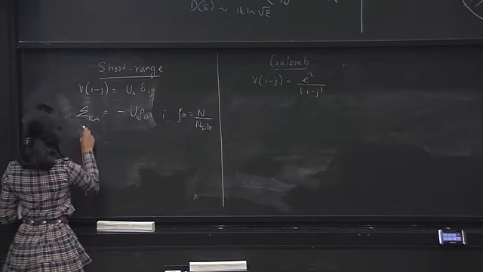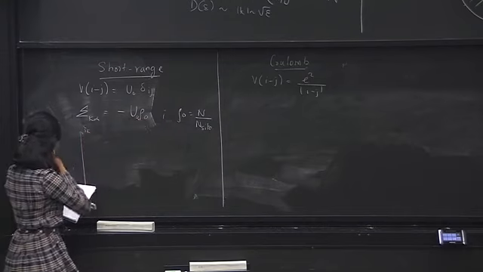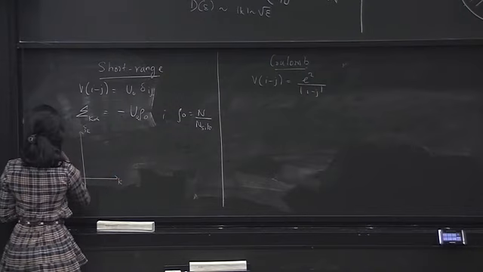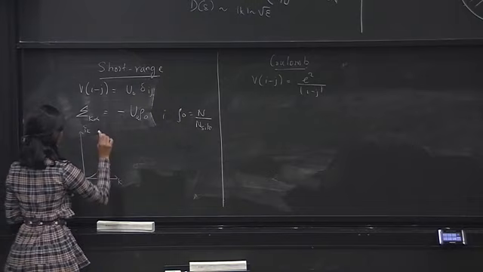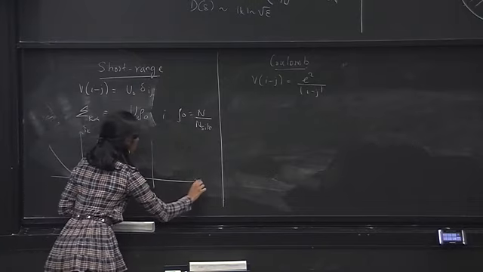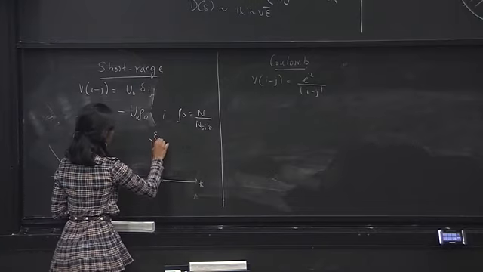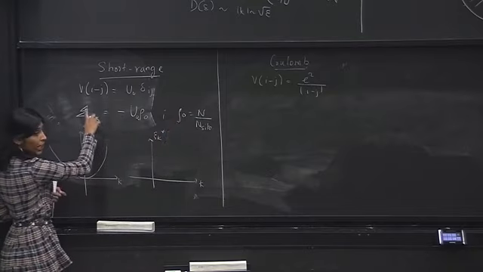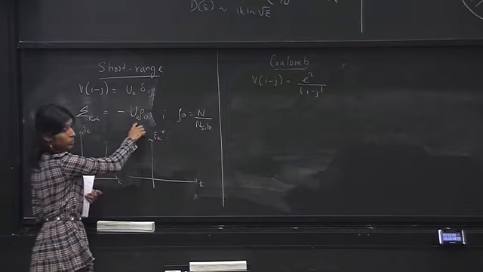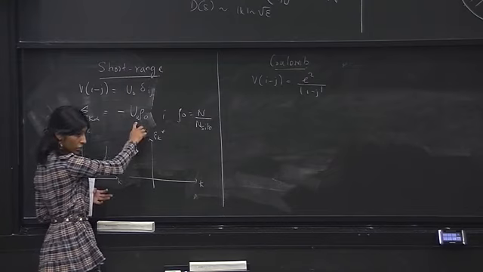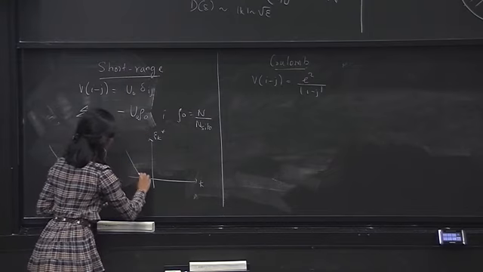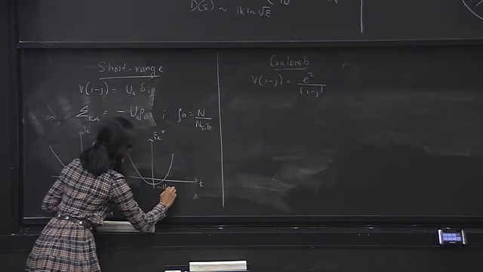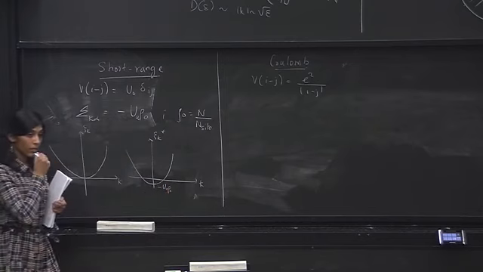It means that if without interactions I had an energy spectrum that looked like this, now with interactions, psi k star defined there, the energy for every k is lowered by this much. So it's just a constant shift, okay? Everyone sees that?